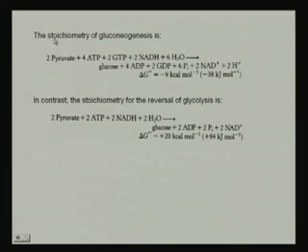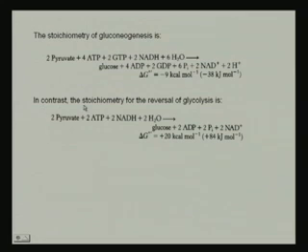If we see the stoichiometry of gluconeogenesis, from 2 pyruvate 1 molecule of glucose is produced, and this reaction is thermodynamically feasible.